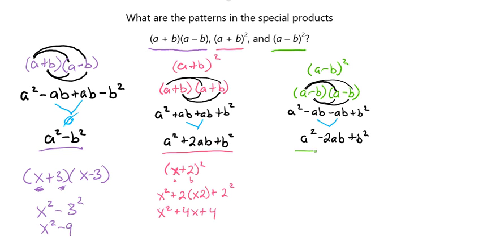So you can see that's very similar to what we got for the a plus b quantity squared, except this time it's got a minus 2ab in the middle instead of a plus.